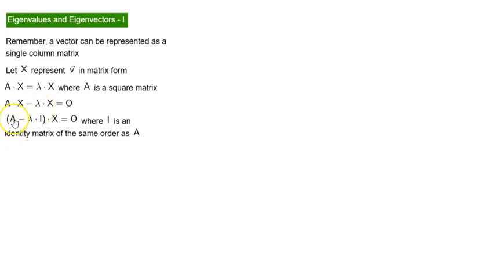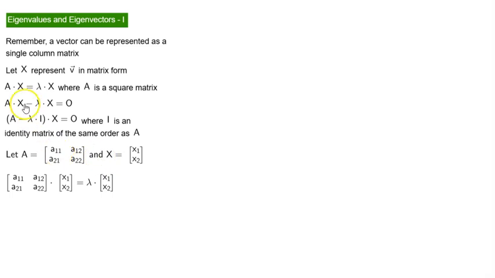Lambda is a scalar, A is a matrix, so let's multiply lambda with the identity, times X equal to the zero matrix, where I is an identity matrix of the same order as A. Now let A be the matrix containing A11, A12, A21, A22, and X be the vector X1, X2 in matrix form.